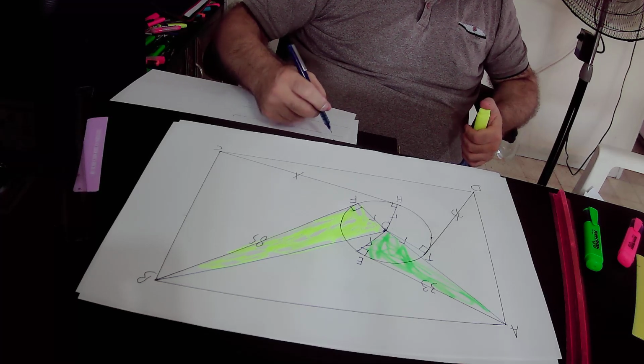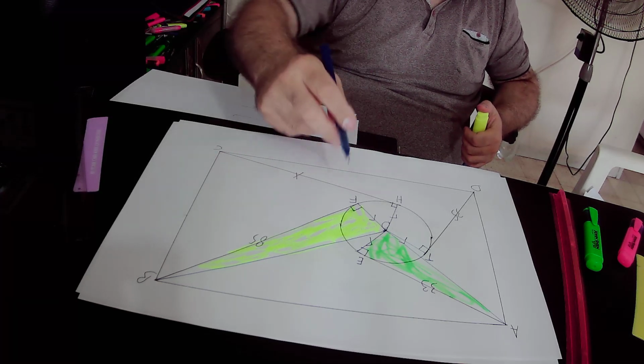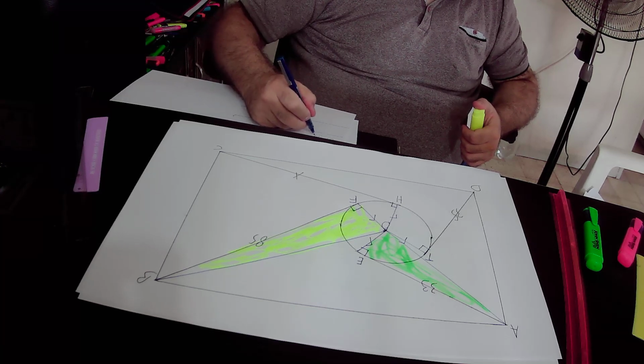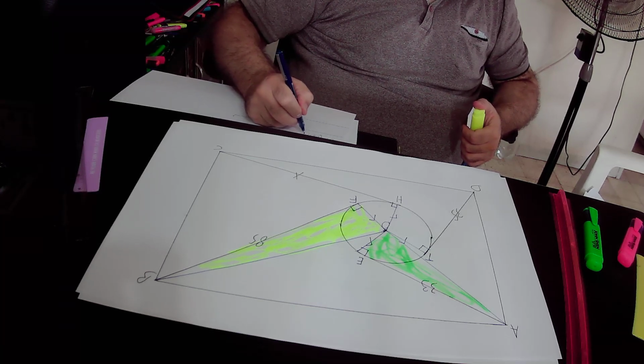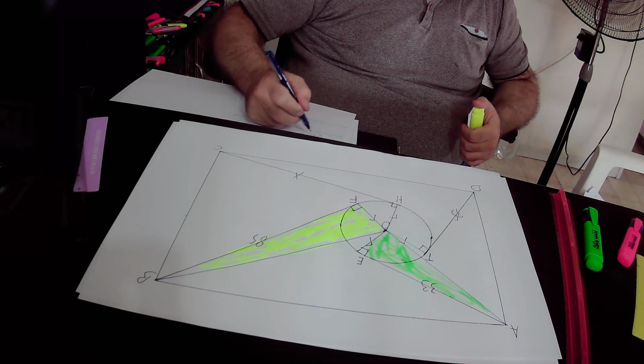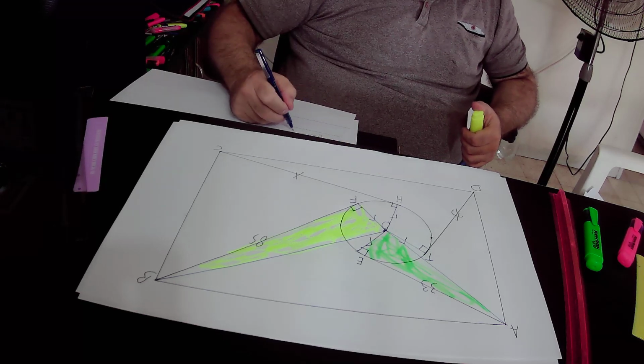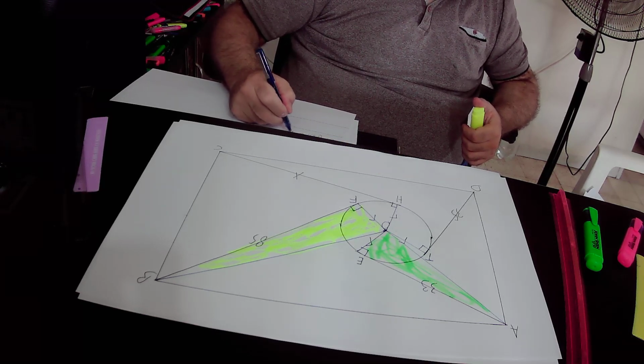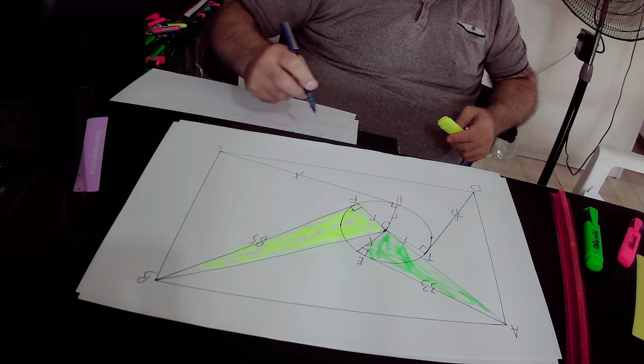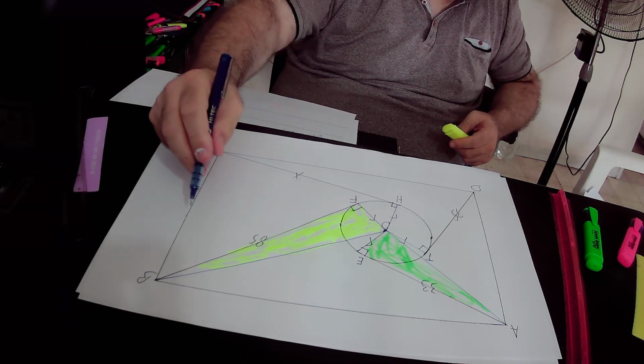we'll get that BO square equals OF square plus FB square.